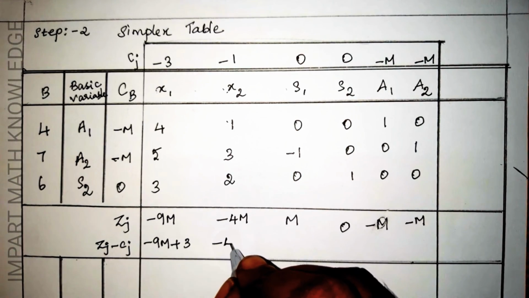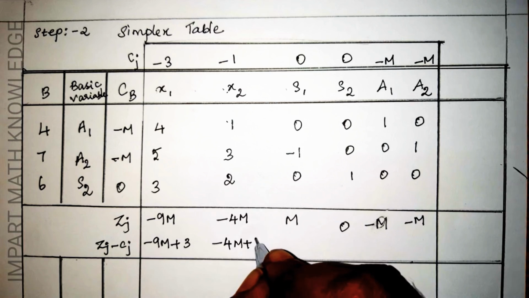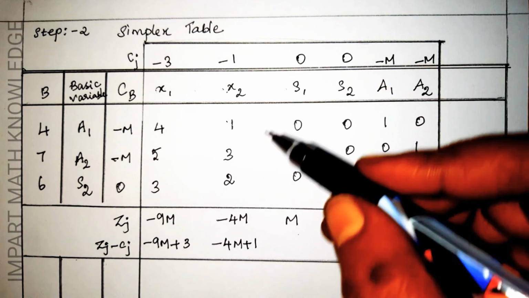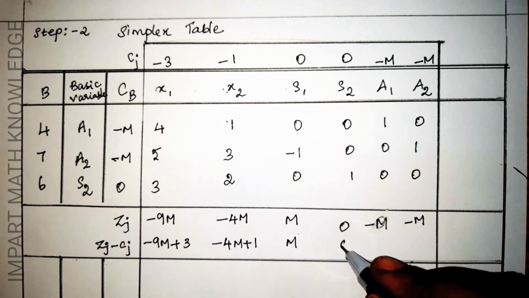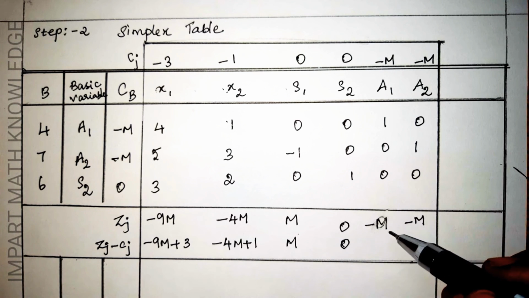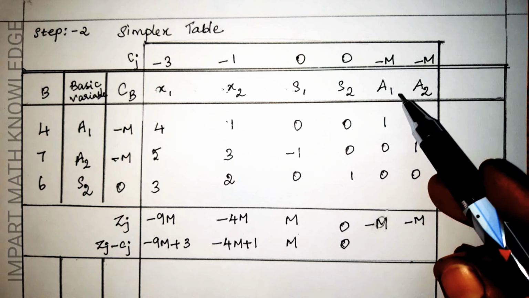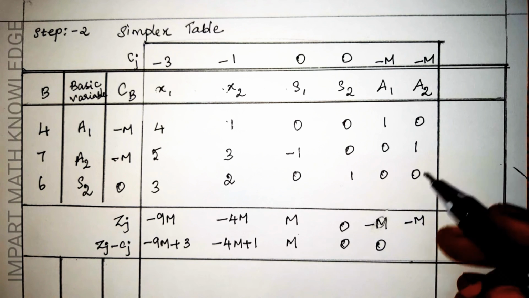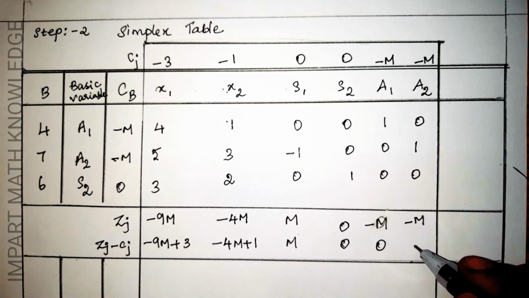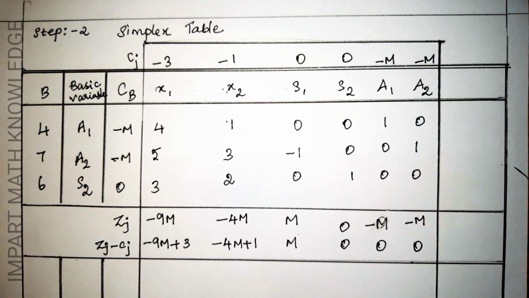You will get -4m plus 1. Then m minus 0, m. 0 minus 0, 0. Then -m minus of -m, that is 0. -m minus of -m, that is 0 again. The Zj minus Cj calculation is over.